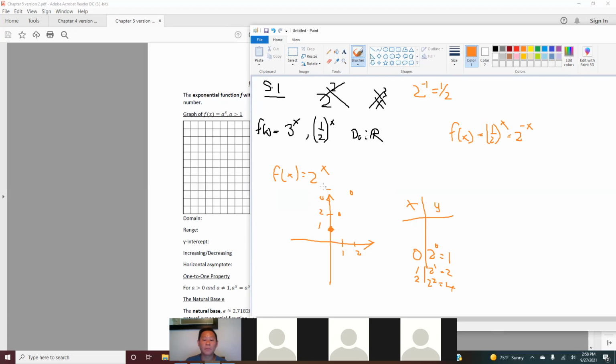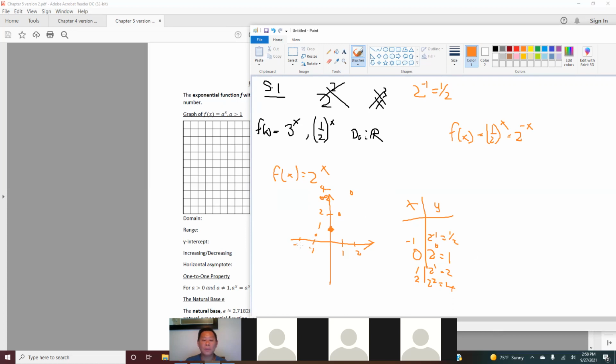And now we do the negative. What happens when you plug in -1? 2 to the power of -1, which we did over here, is 1/2. So when you have a -1, that value is cut into half, 1/2.